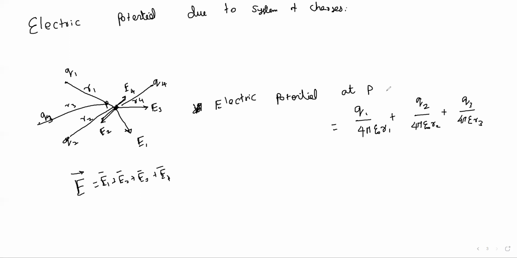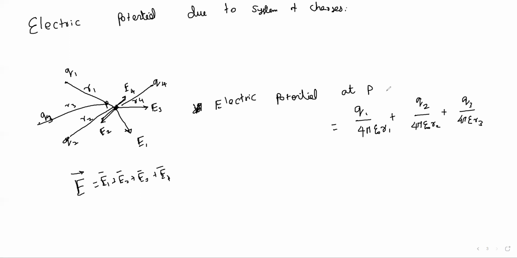Say, for example, if the source charge is negative, we don't need to give any external work to bring the test charge from infinity to this point. The test charge itself can be attracted by the source charge.